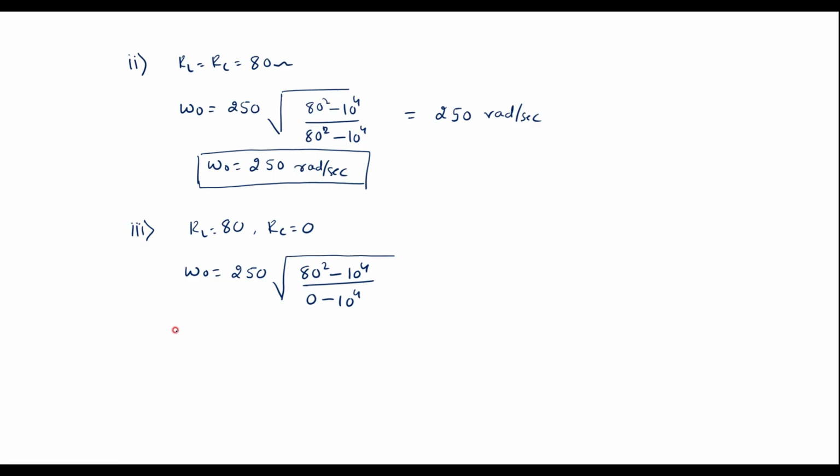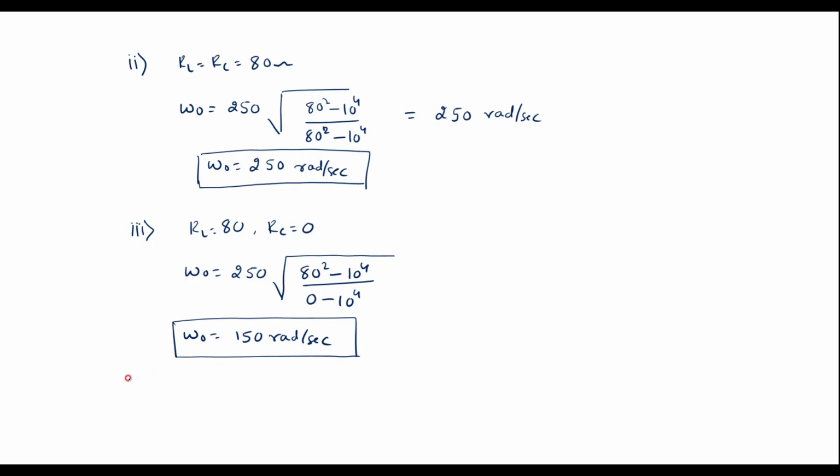Solving this, we get omega naught is equal to 150 radians per second. This is the resonant frequency when we consider RL equal to 80 and RC equal to 0.